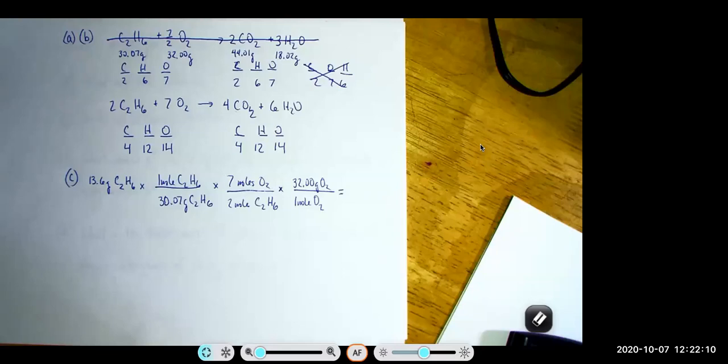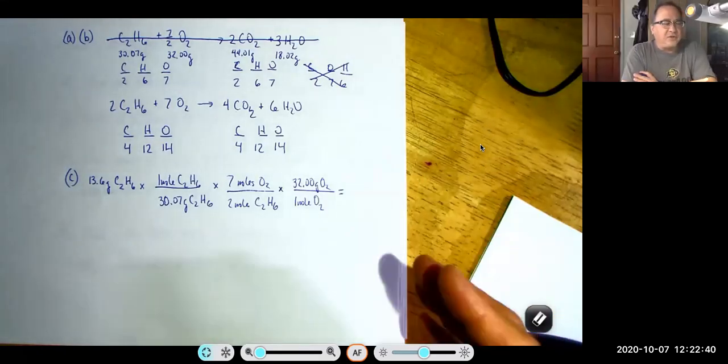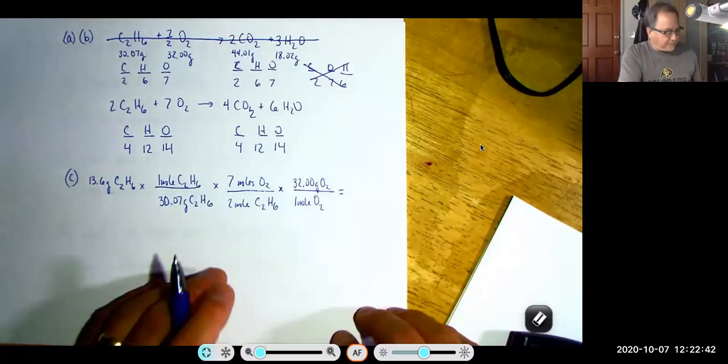And then this 7 almost goes into 30, 4 times, with 2 left over, and then the 13 you just have to finagle in somehow. 16, 32, and then what? About 4-ish. Let me show you what I do.